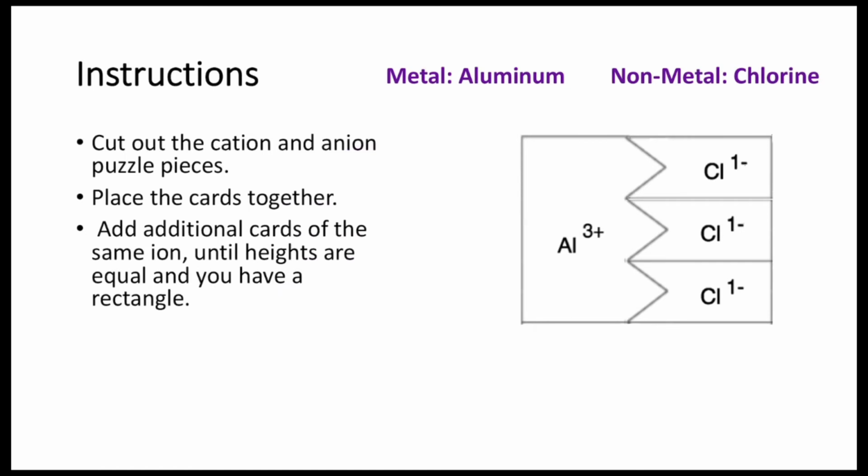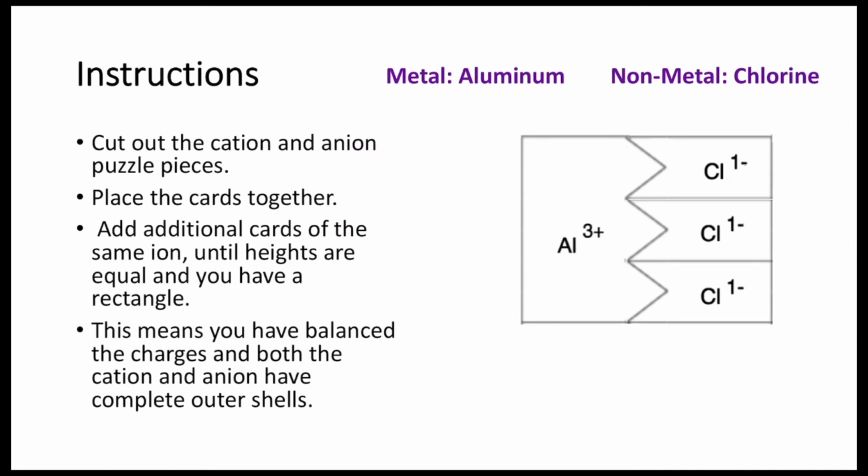Place the cards together and add additional cards of the same ion until heights are equal and you have a rectangle formed. So you can see that it takes 3 chlorine to balance that 1 aluminum with a 3+ charge. This means you have balanced the charges and both of the cation and anions have complete outer shells.